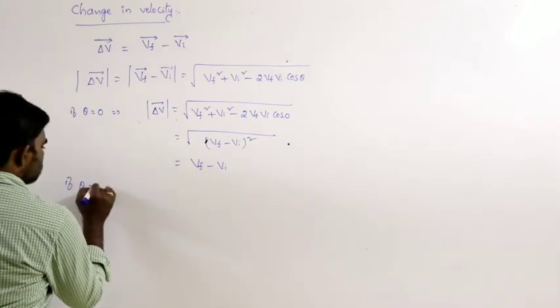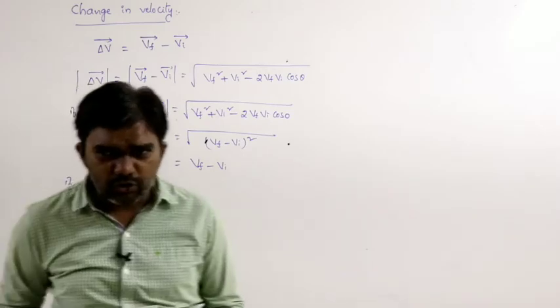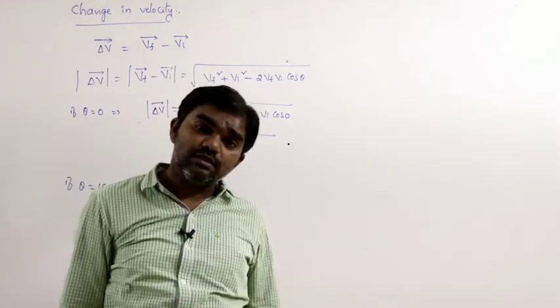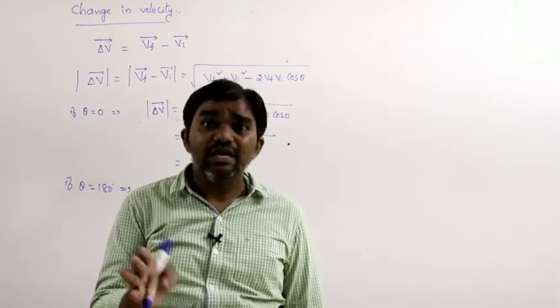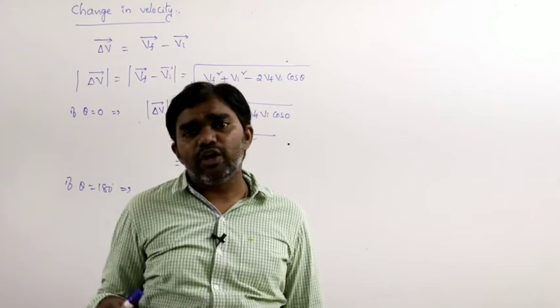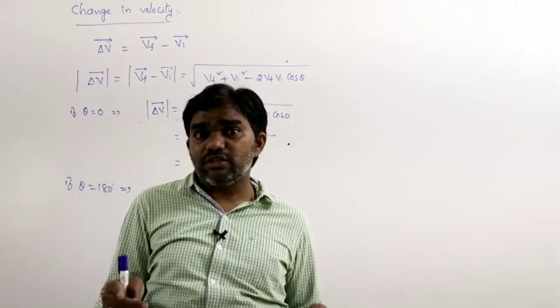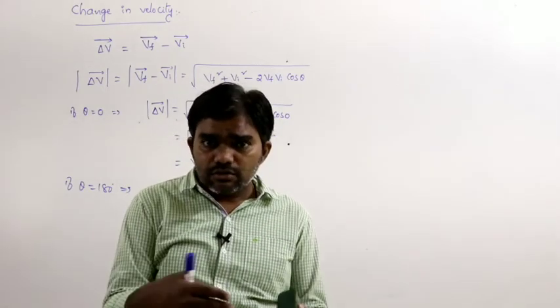If theta equals 180 degrees, that means initially the body is moving towards east, and after a certain time the body is moving towards west. Both are in opposite directions.